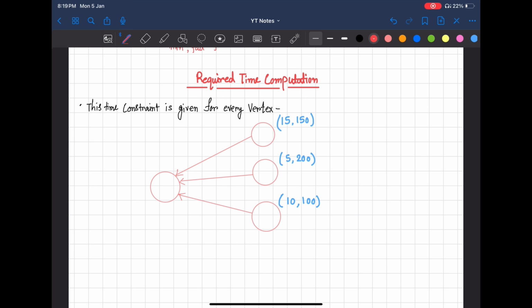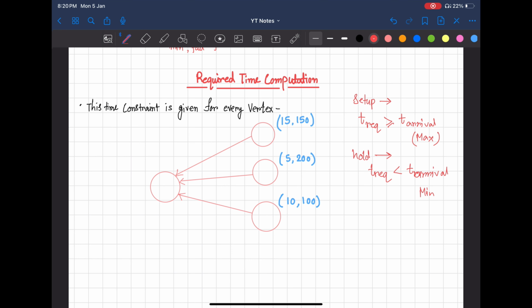For setup, I said the required time should be greater than the arrival time, and this is max analysis. For hold, the required time should be less than the arrival time.